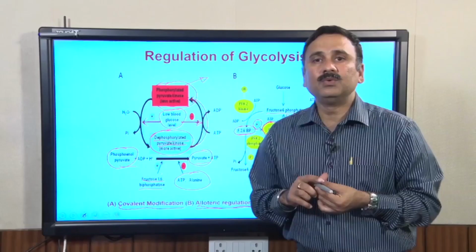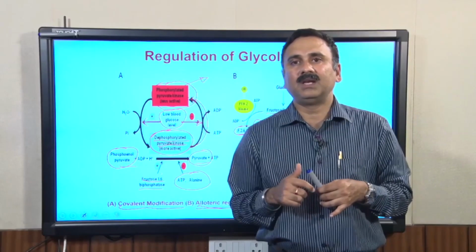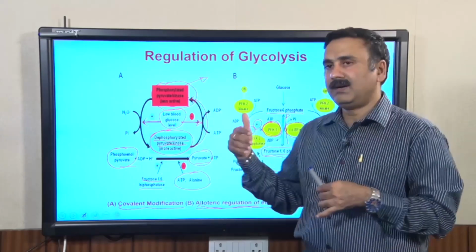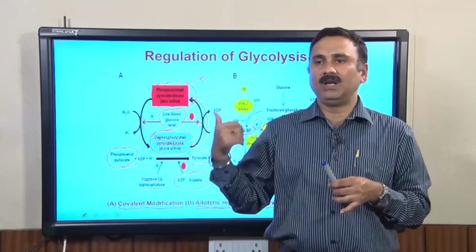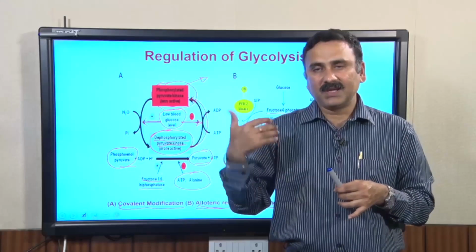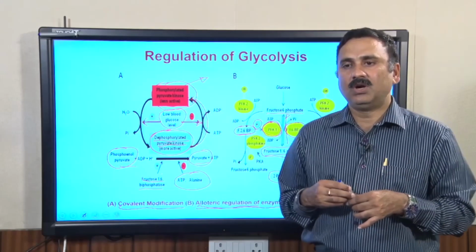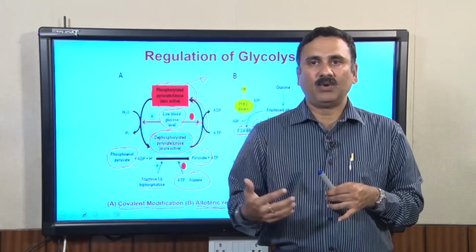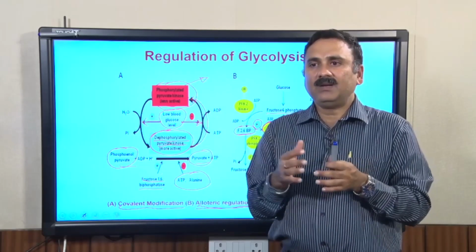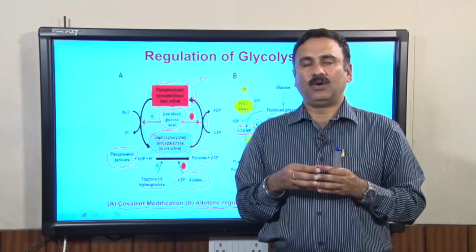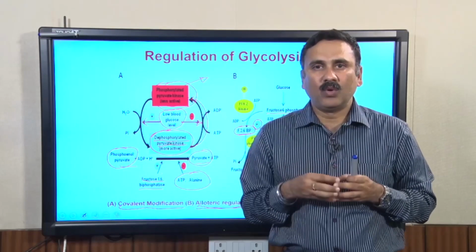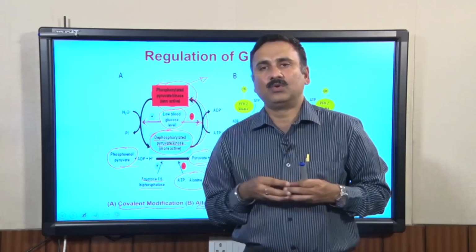Now, let us move on to the next reaction. Once you have generated pyruvate, that pyruvate will enter the next metabolic reactions. Once pyruvate is generated in the cytosol, it will be transported to the mitochondria.